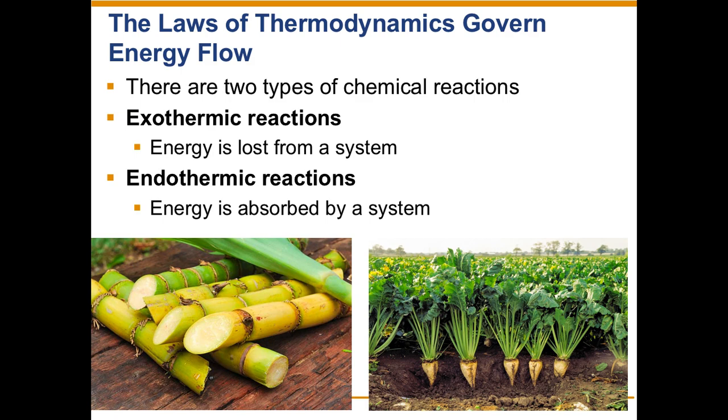Within the ecological component, we've got two types of chemical reactions: exothermic reactions, where heat energy is lost from the system, or endothermic reactions, where energy is absorbed into a system. There's a nice example of this in sugars in plants, particularly things like sugar cane or sugar beets.